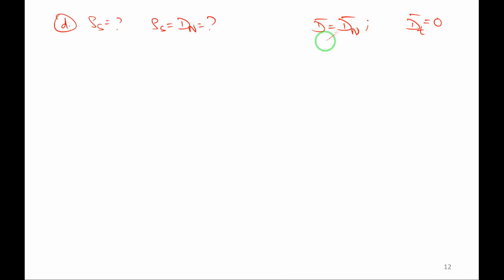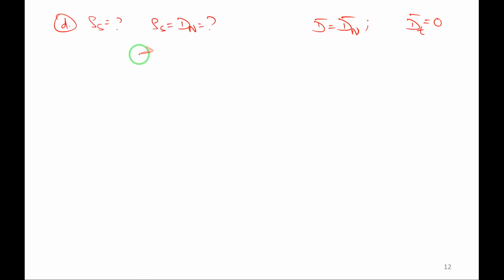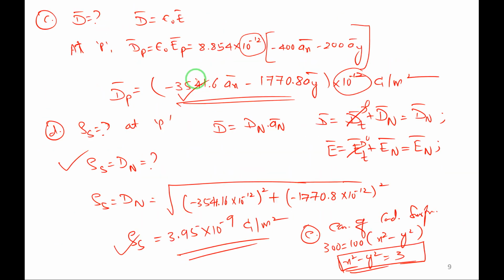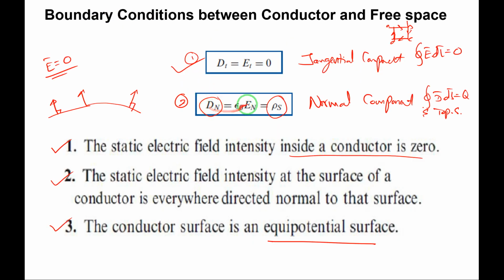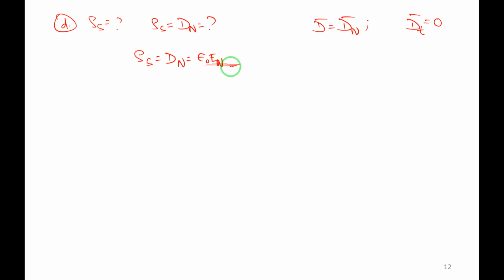We already know the E vector, and one more equation I can write. Rho s equals Dn, which I can write as epsilon naught En. This we have seen: Dn equals epsilon naught En equals rho s. So what is the E vector?